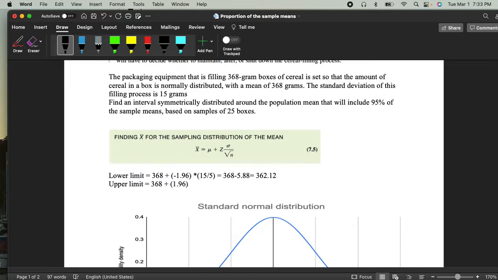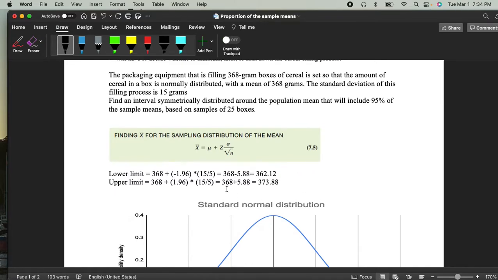Remember we did that on the prior slide, times 15 divided by 5, and that is going to equal 368 plus 5.88, and this is going to equal, let me see, 5 plus 68, that is 373.88.